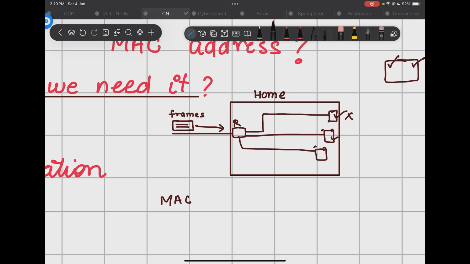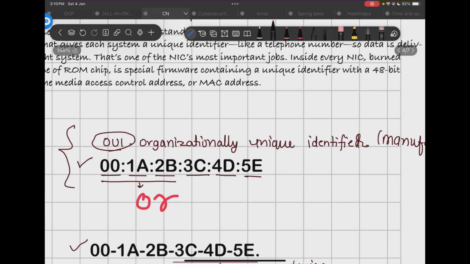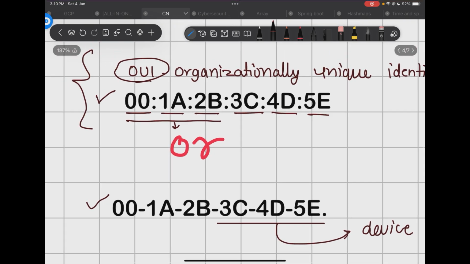Some facts about MAC addresses now. It's a 48-bit address. It is represented in hexadecimal. I have the representation right here. MAC addresses are represented like this in 6 octets. With separation, you could either use the dash or colons.